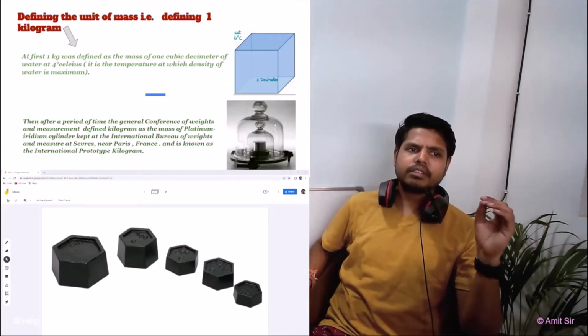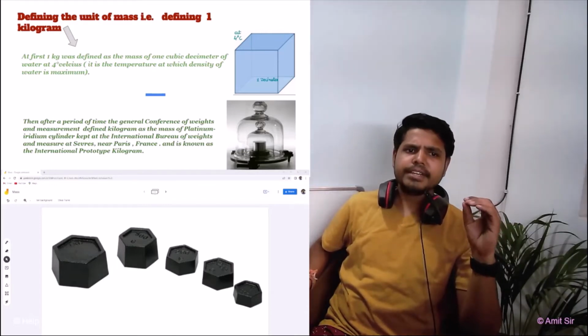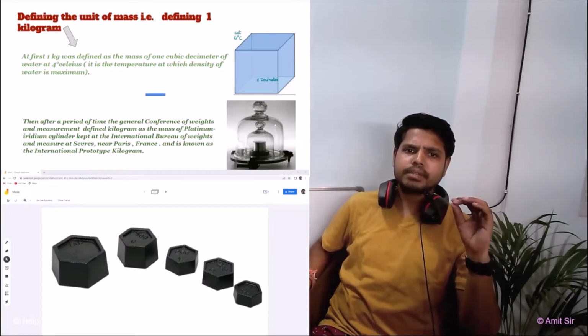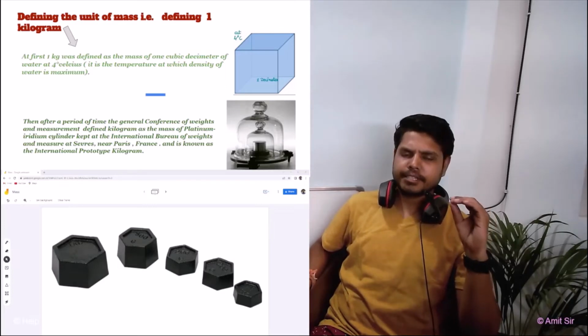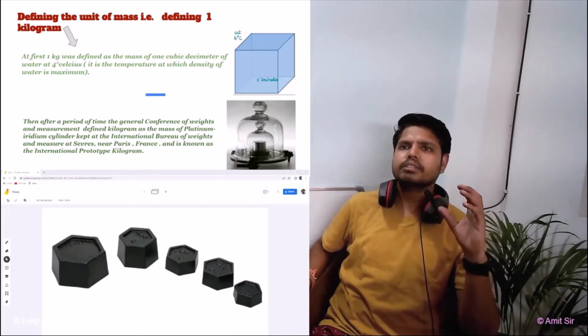The first definition that we are going to take is that it was defined as the mass of 1 cubic decimeter of water at 4 degrees centigrade. Why have we taken 4 degrees centigrade? Because it is the temperature at which the density of water is maximum.